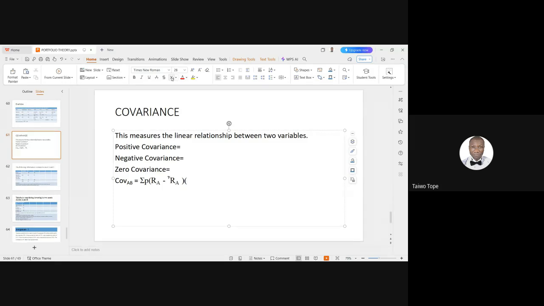Who can tell me what will happen? We're looking at investment A and B. So what will happen in the next bracket? RB, return on B, minus RB bar.